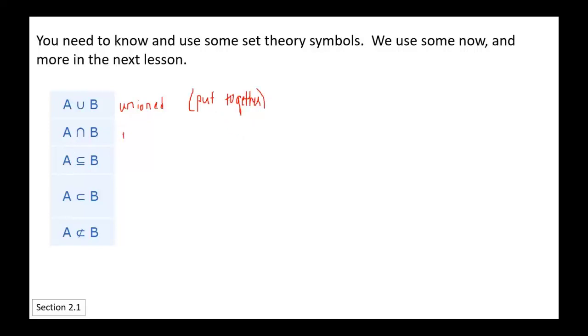This one is intersected. So A intersected with B. And when you're looking at that one, it has to just be what is in the overlap. What's in both of them.